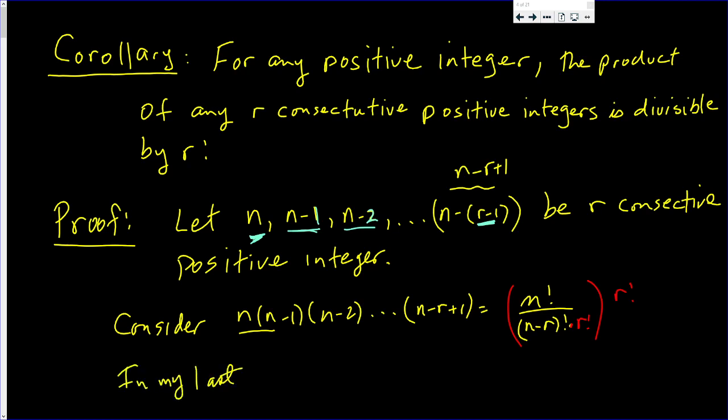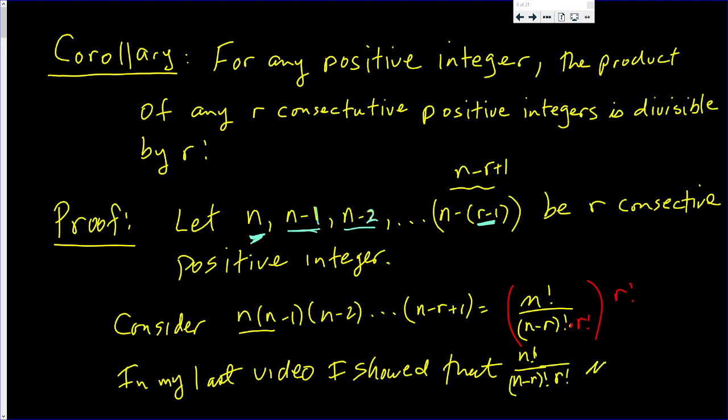In my last video, I showed that n factorial over n minus r factorial times r factorial is an integer.